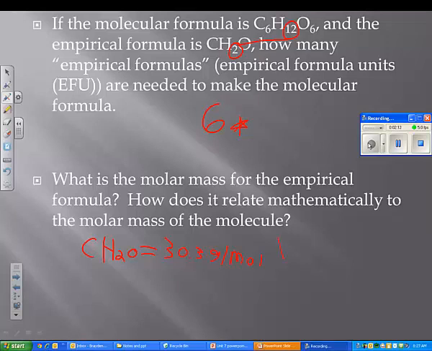So we take 30.03, multiply it by those 6, and that's going to give us 180.18, which will be the molar mass for the entire molecule, C6H12O6. So I hope you are seeing the mathematical relationship between the empirical and molecular formula, because you're going to be using that a lot very soon.